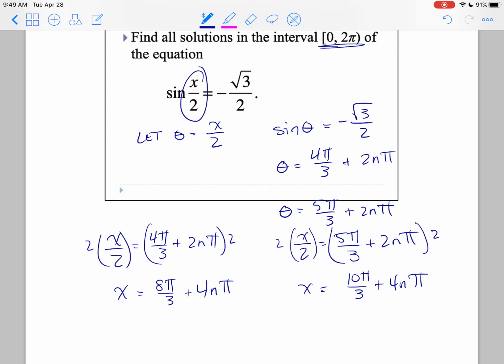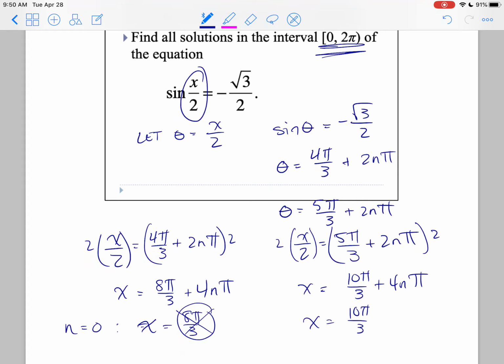All right, well, if I plug in 0 for n, then x equals 8 pi over 3. This is already bigger than 2 pi, so it doesn't fit in the interval given. If I choose 0 over here, I get 10 pi over 3, which is definitely bigger than 2 pi.